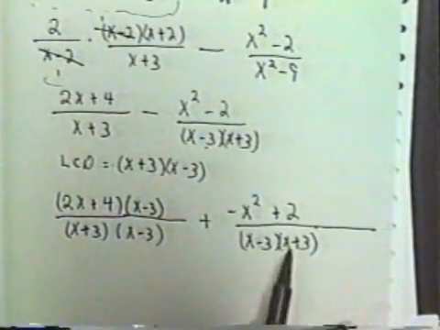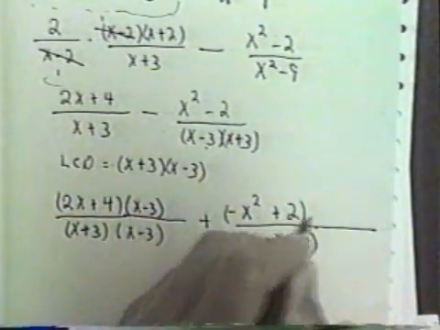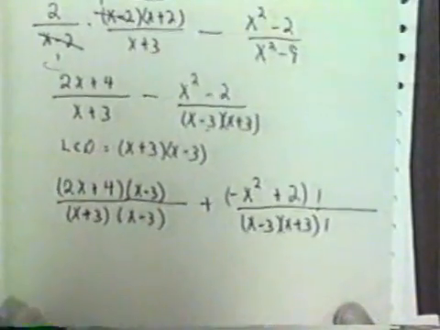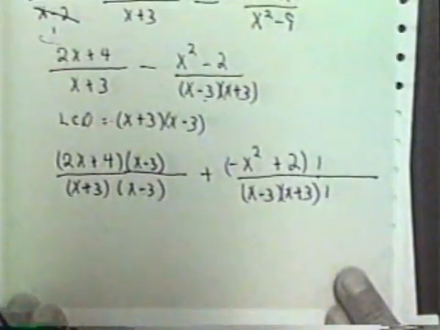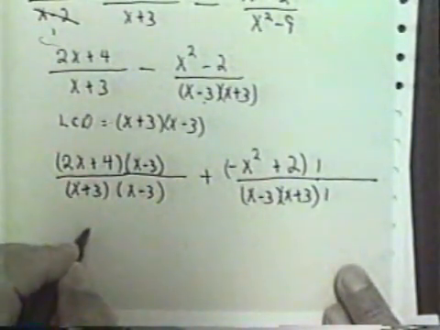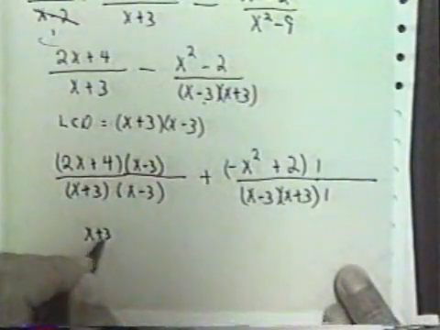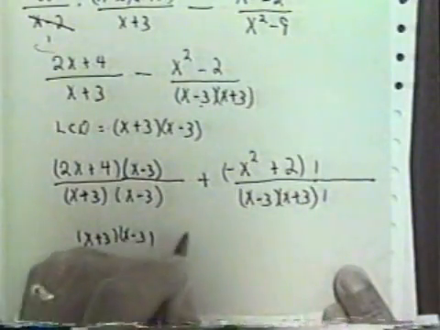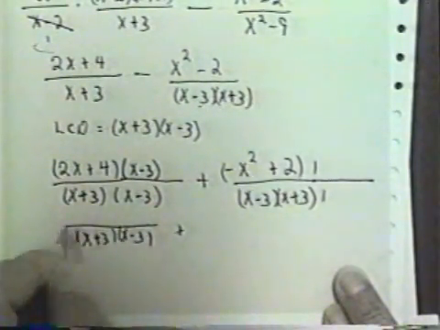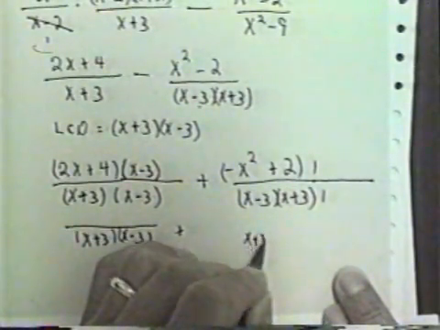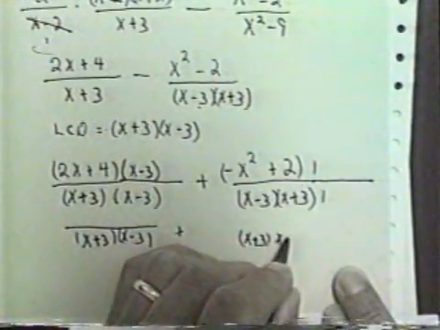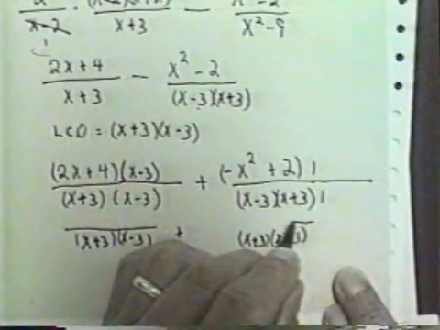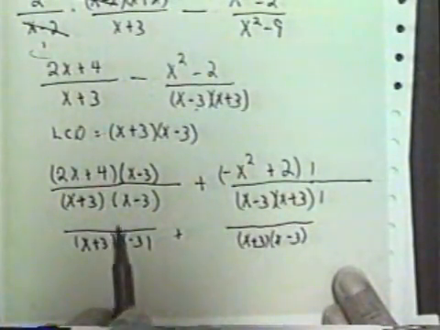Now here I already have the common denominator, so really all I need to do is multiply both numerator and denominator by 1. I'm going to keep the denominator, x plus 3 times x minus 3. I changed the order, but that's okay by the commutative property.